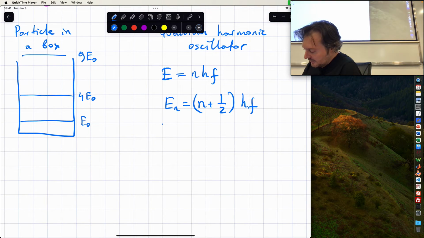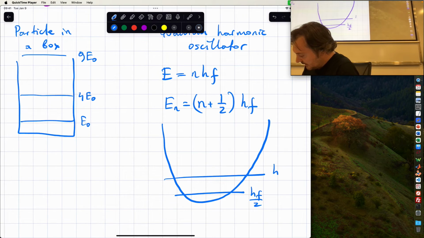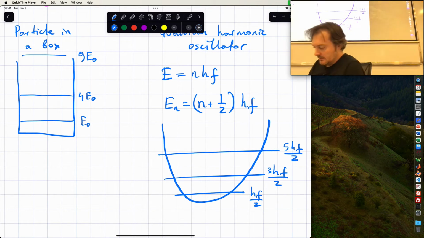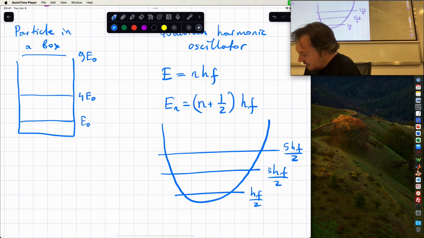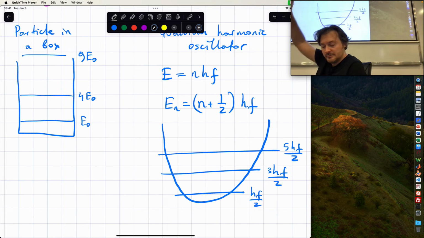So what we are going to get is hf over 2, 3hf over 2, 5hf over 2. Can you compare these two? This one is equally spaced, the other one is going like a square.